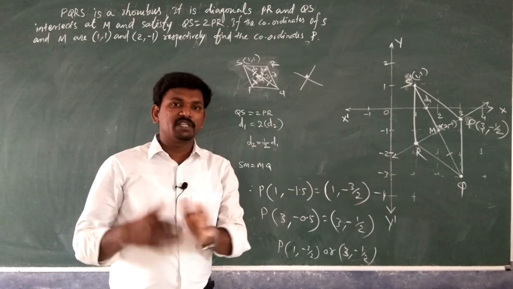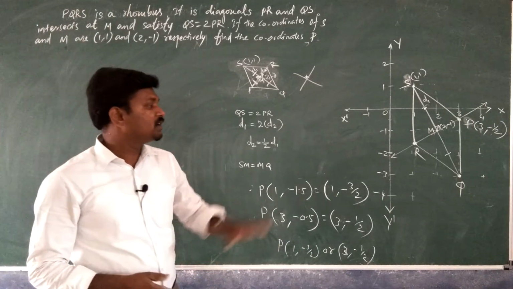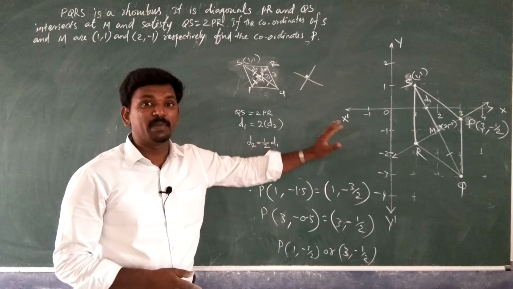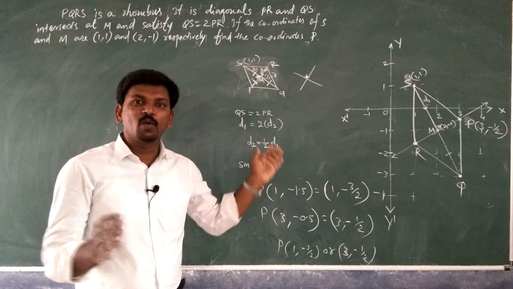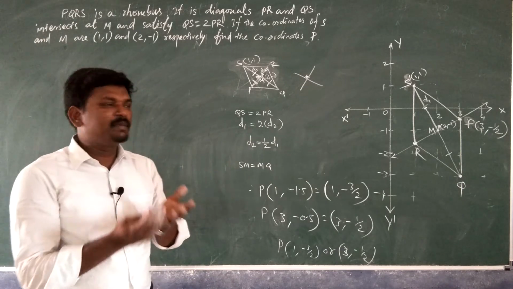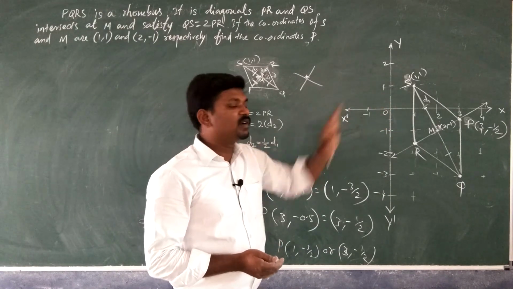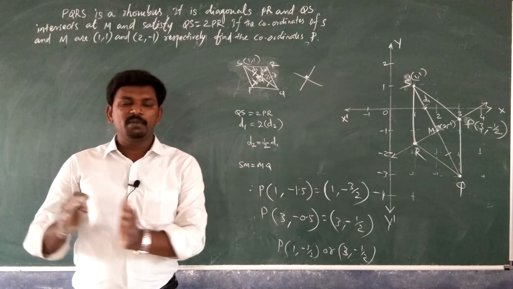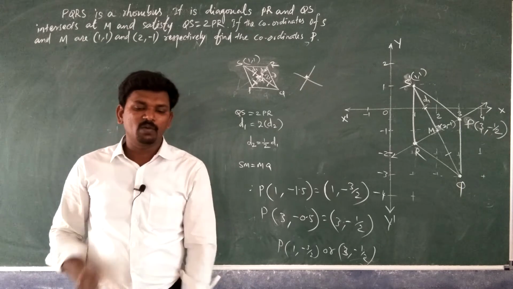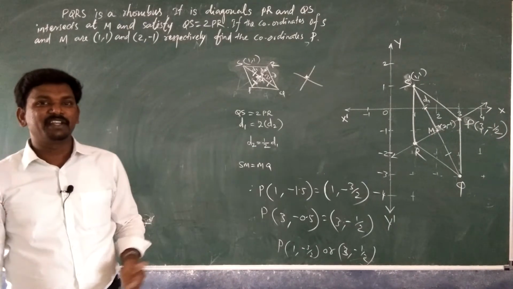Even the equation of a line, slope of a line, inclination of a line, all the problems can be solved using this method. The name of the lesson is coordinate geometry, and it lies in the Cartesian plane, the coordinate plane. So definitely using graph sheet we can solve all the problems given in coordinate geometry. Thank you.